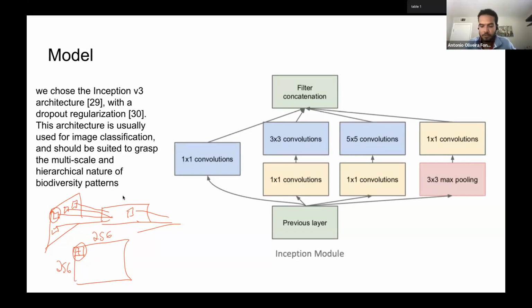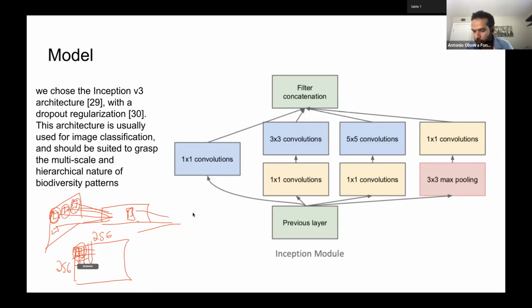So one of the things that these guys in the Inception V3 wanted to do is, wouldn't it be nice if, instead of applying these kernels with fixed size and just changing the kernel size for the next layer, I actually do that in parallel? So I have a kernel that has this size, but for the same image, I also have a kernel that's slightly bigger, right?